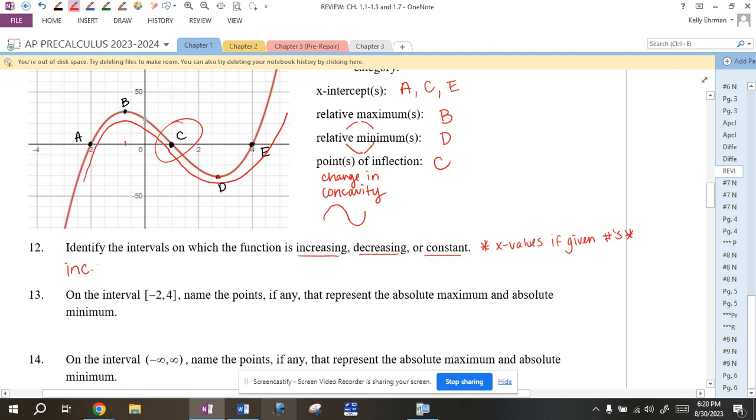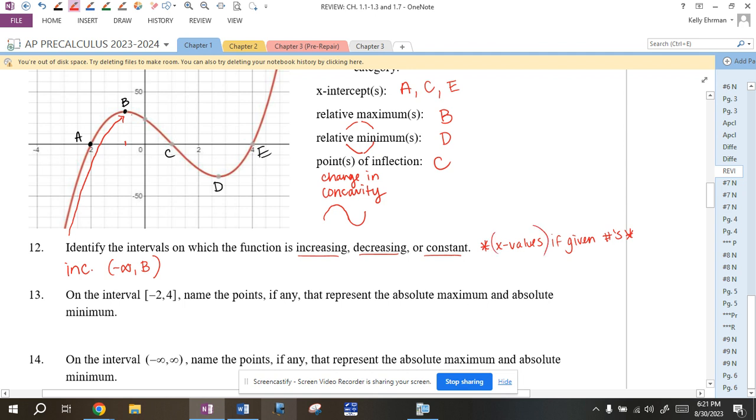Let's start there. Remember, you follow the graph left to right. So this graph is increasing. Didn't mean to erase my points there. From the far left up to point B. So that's negative infinity. I'm just going to say to B. Use parentheses always for these.